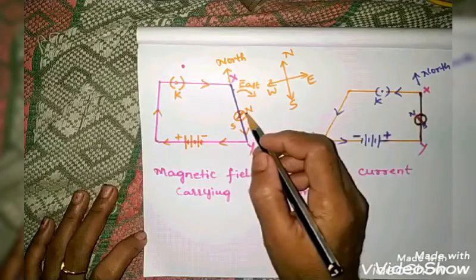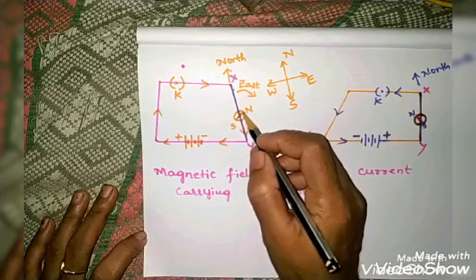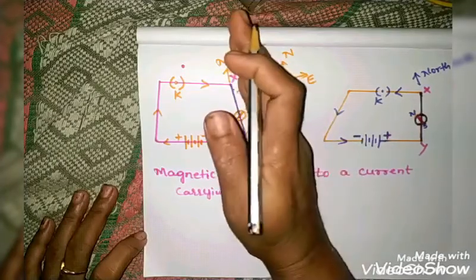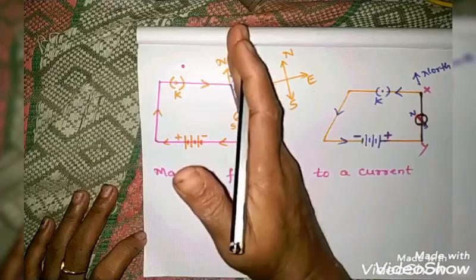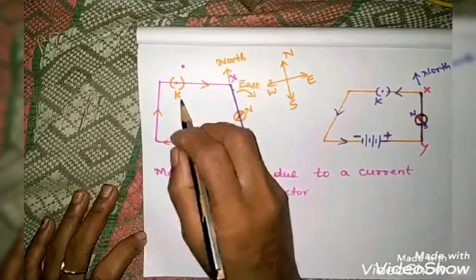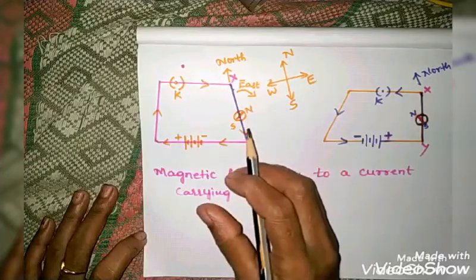In the beginning, before current is flowing through this, the direction shown in the magnetic compass was also like this, north-south direction only. But when current starts flowing through the circuit, what happens?